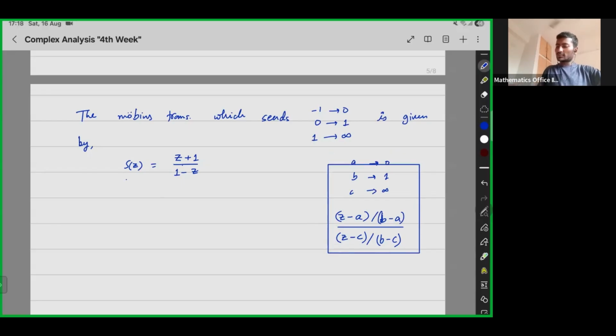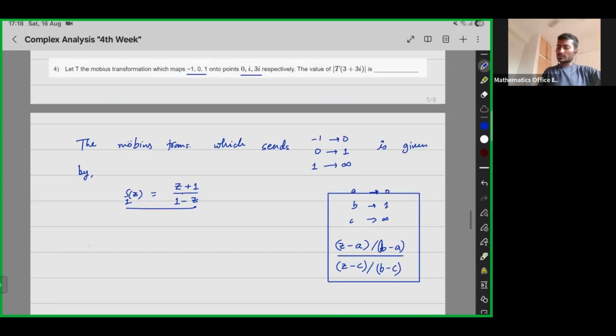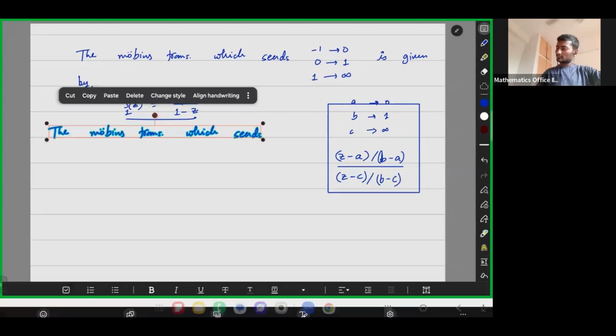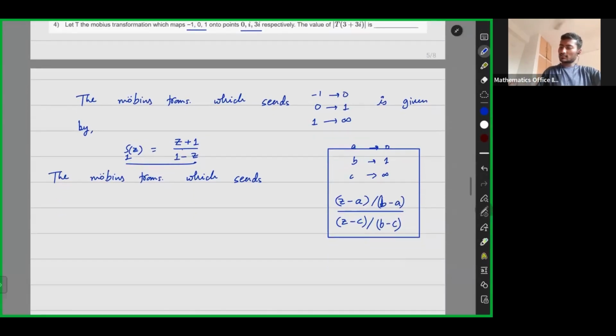Okay, so now we have this, let's say S1, and one more thing I'm going to write: the Mobius transformation which sends 0, i, 3i to 0, 1, and infinity.